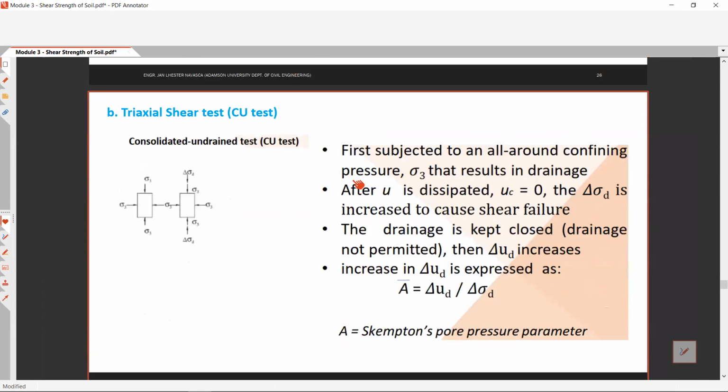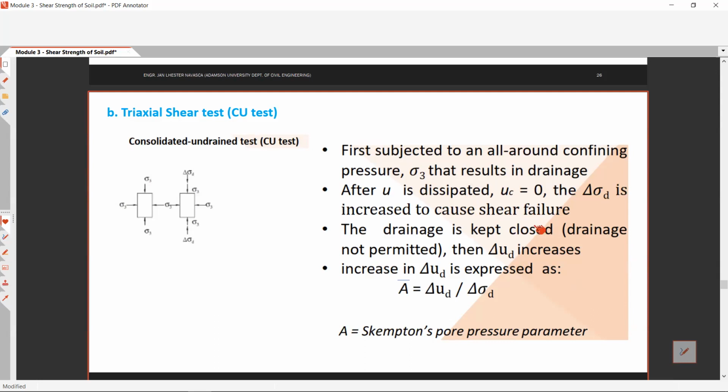Okay, then for the triaxial shear test, the CU test or consolidated undrained test. So first, the sample is subjected to an all-around confining pressure sigma 3 that results in drainage. Then after U is dissipated, U sub C is equal to 0 and your delta sigma D, or the deviatoric stress, is increased to cause shear failure.